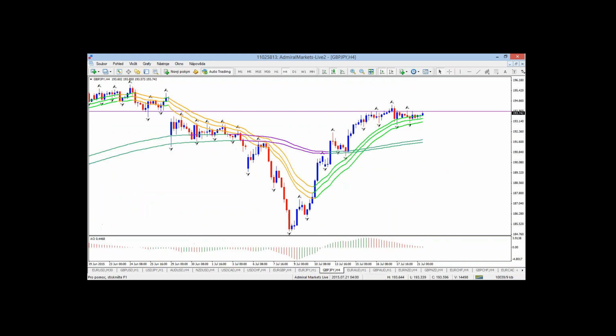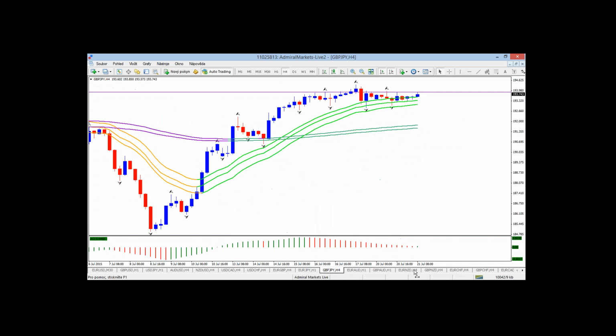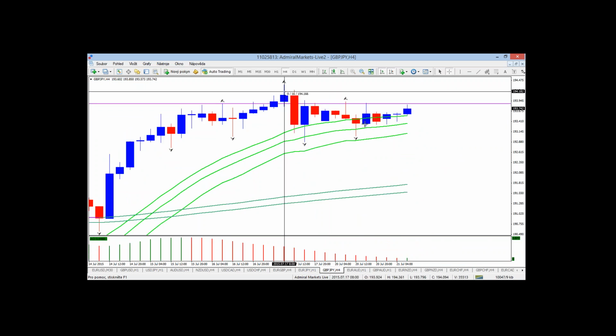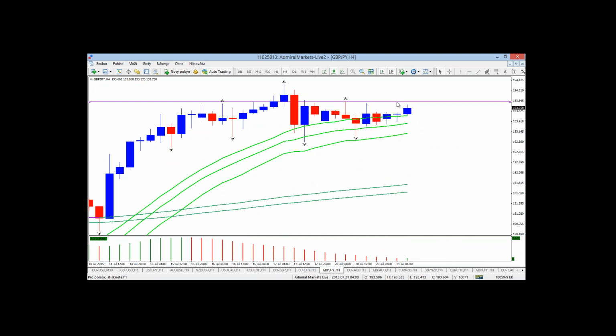If you're thinking about reversal trades, let's check the 4-hour chart. This is candle number 12. So from that point of view, I agree with Pierre. It is on the early side.